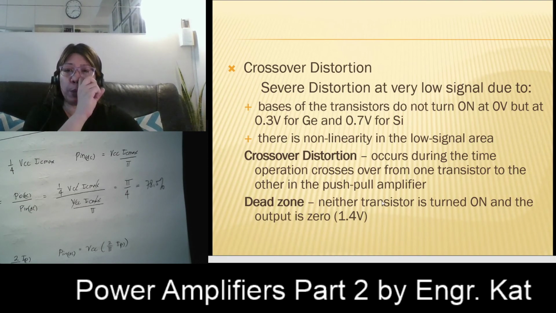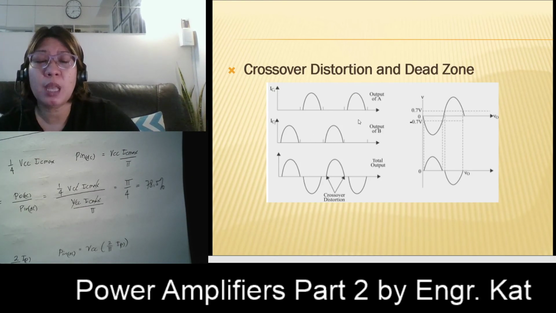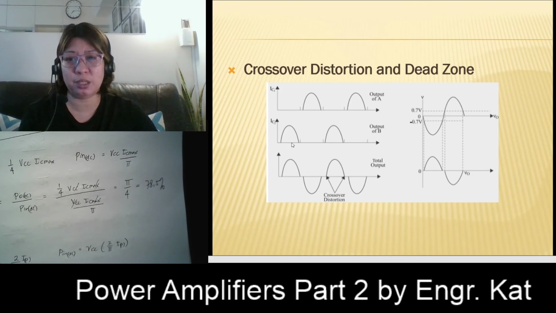Okay, so we call that the dead zone, when neither transistor is turned on and the output is equal to 0. That area is usually equivalent to 1.4 volts. To illustrate that, this is the output of your first transistor, and this is the output of your second transistor.